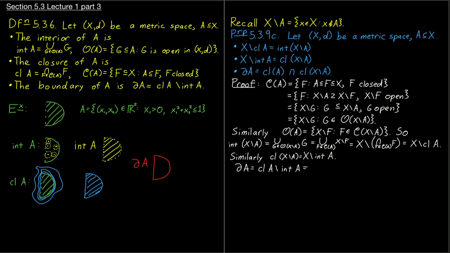I've defined the boundary as the closure minus the interior. We can write that as the closure of A intersect everything except the interior, and then we can just use the above results. And that is all there is to that.